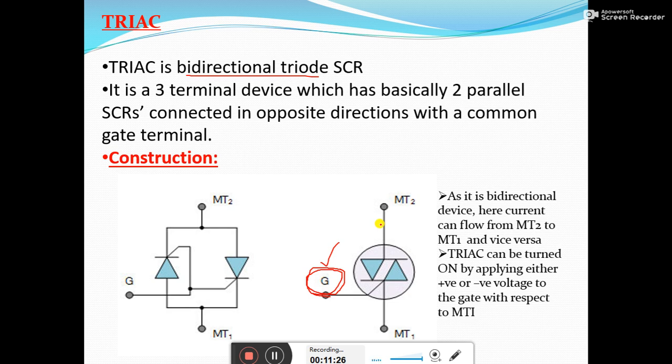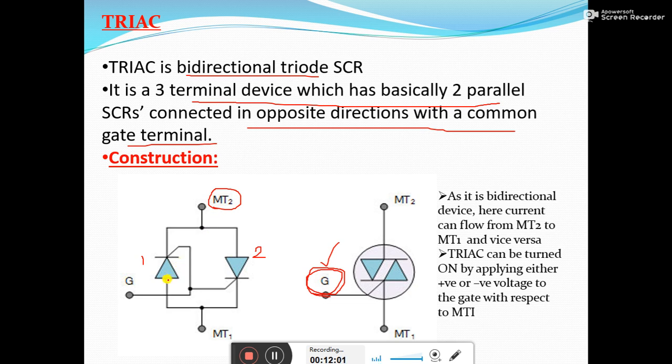without destroying the device. In construction you can see this is a three terminal device, which is basically constructed by using two SCRs connected in opposite directions with a common gate terminal. Here you can see the first SCR, and this is the second SCR. The first SCR's cathode and the second SCR's anode are connected together and a common terminal is taken, which is known as MT2.